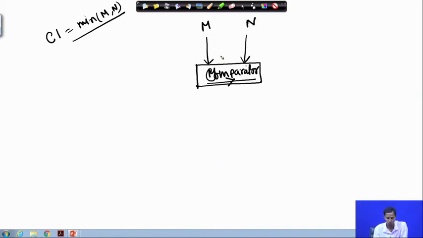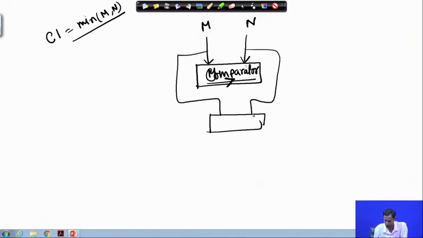I need to choose the minimum of m and n, right? So I require an m greater than or equal to n comparator, which I am choosing over here. After that, I have a 2:1 multiplexer, and the output of the comparator will select the corresponding value of m or n. This will choose which value I require.